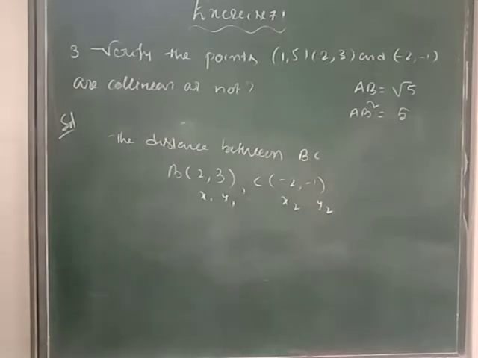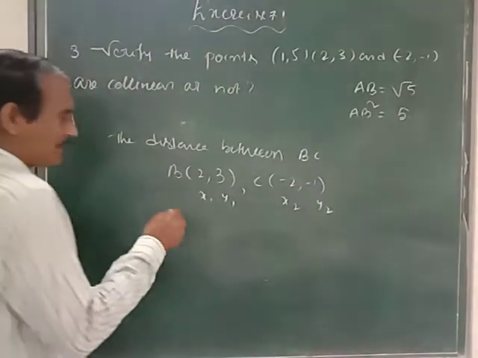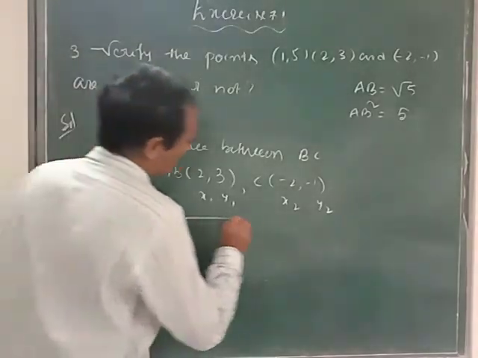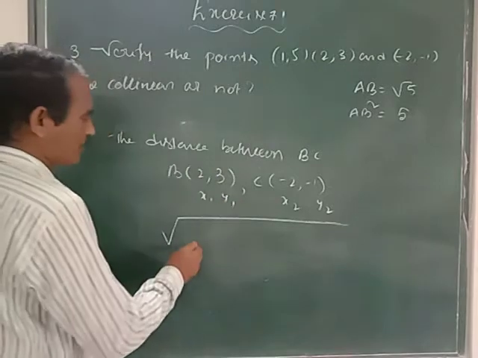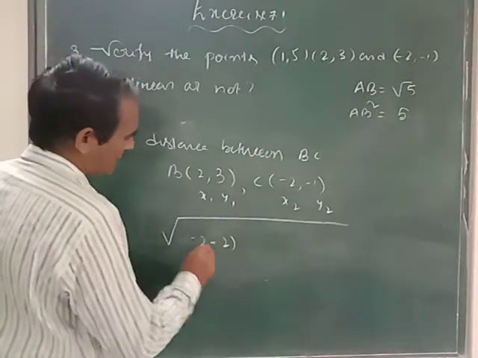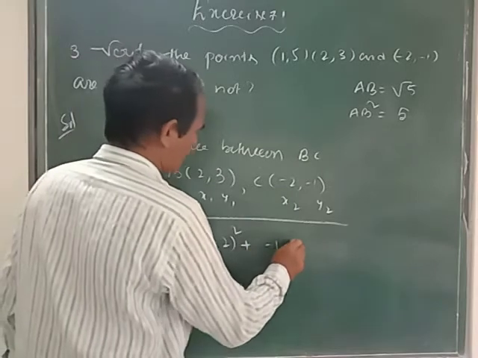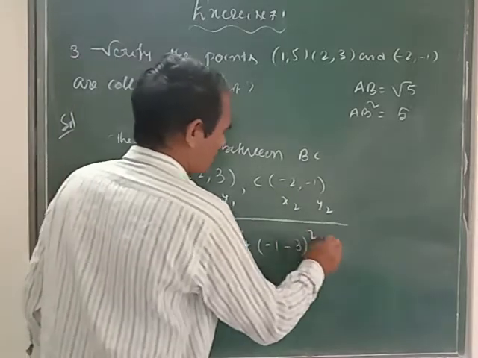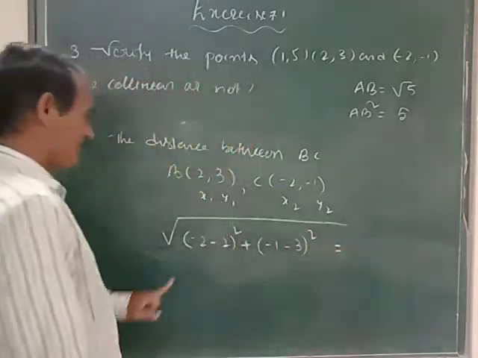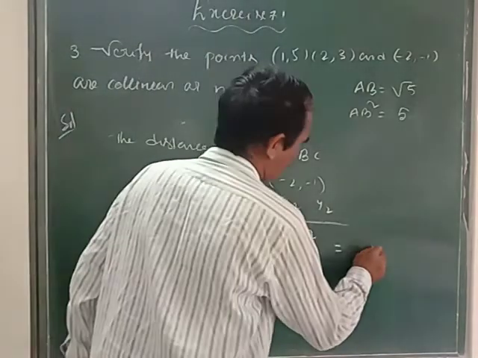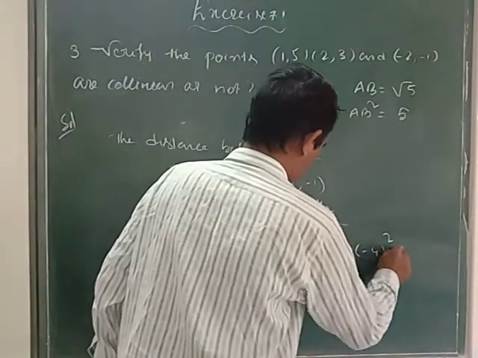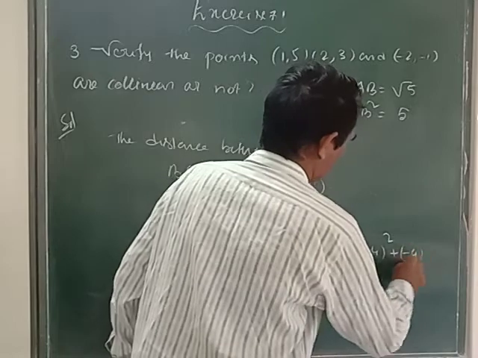So now again we need to write x2 minus x1. What is x2? Minus 2, whole square, plus y2, what is it? Minus 1 minus 3, whole square. That is minus 4 whole square plus minus 4 whole square.